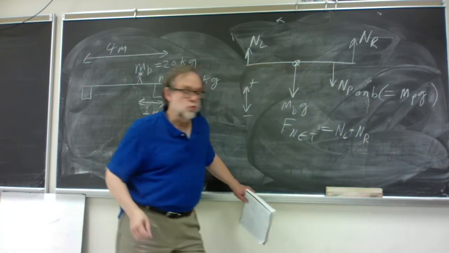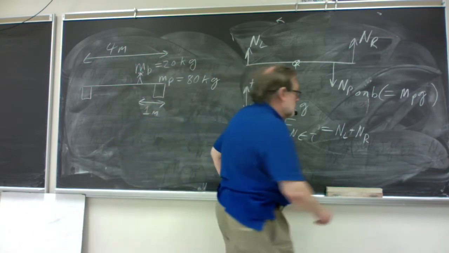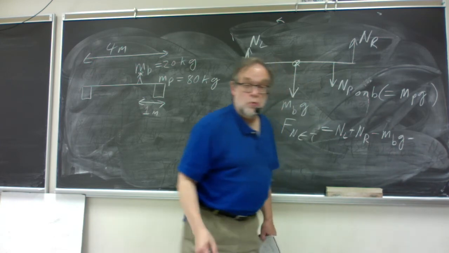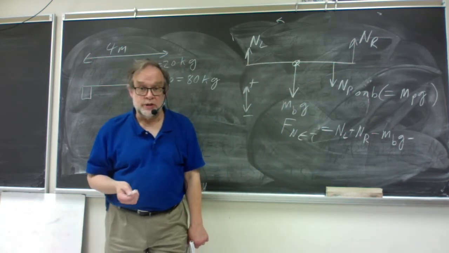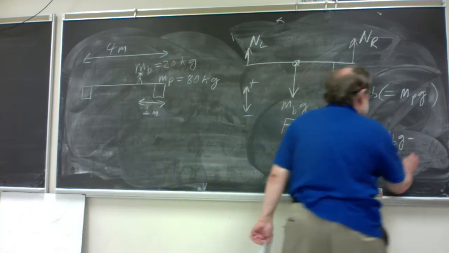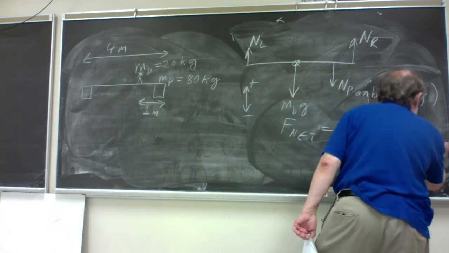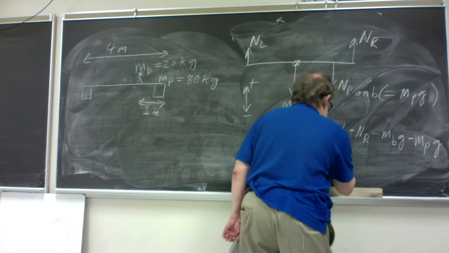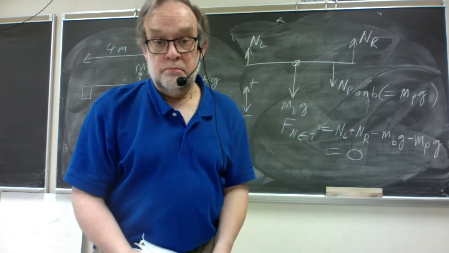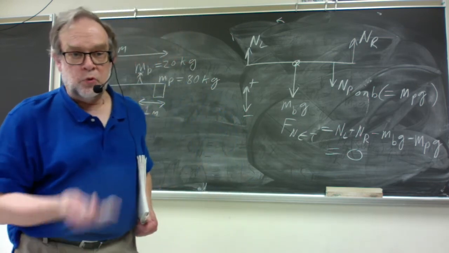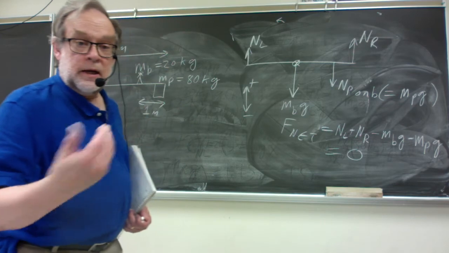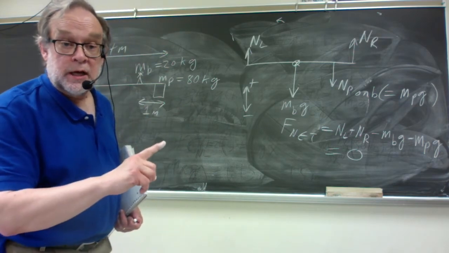Then the 2 downward forces are the weight of the board and the normal force from the person pushing down on the board. That force happens to have the same magnitude as the person's weight, so I'll write it as mass of the person, g. The board is in equilibrium, so the net force comes out 0. All the upward force completely cancels out all the downward force. Now we'll do the same thing that we did in the previous example.